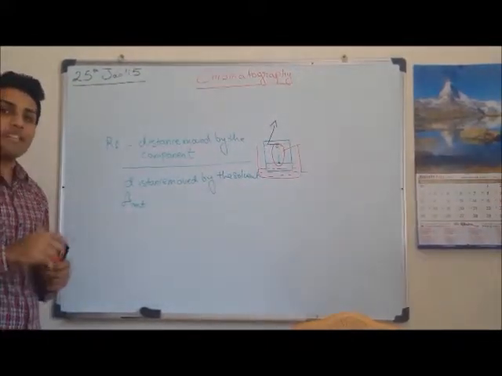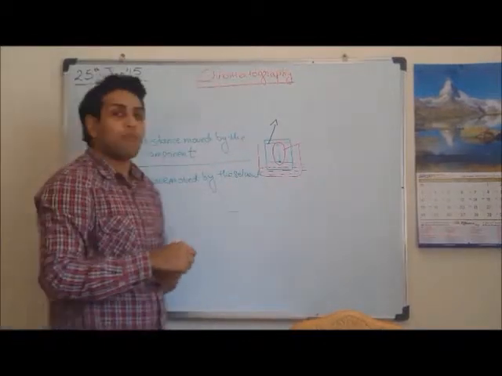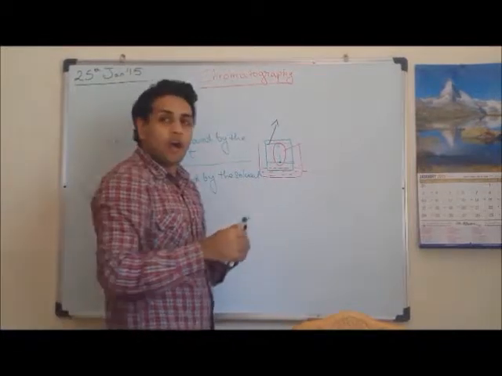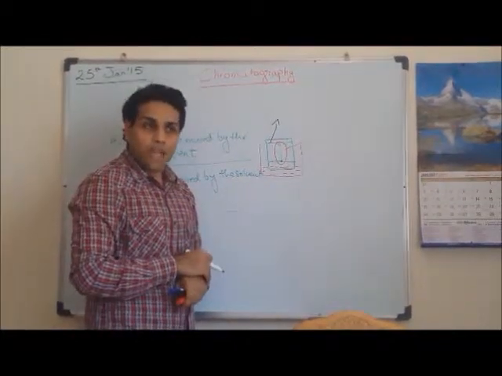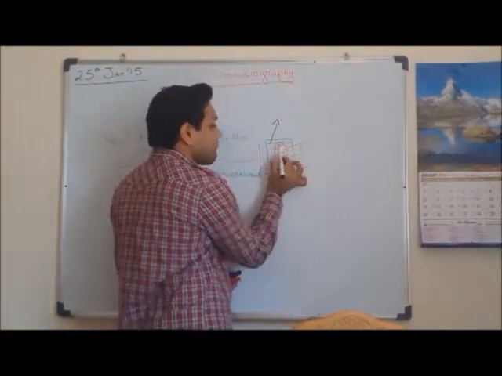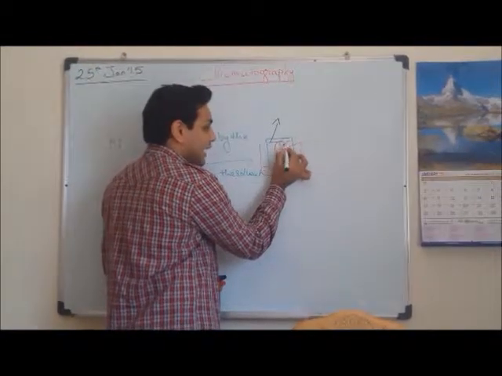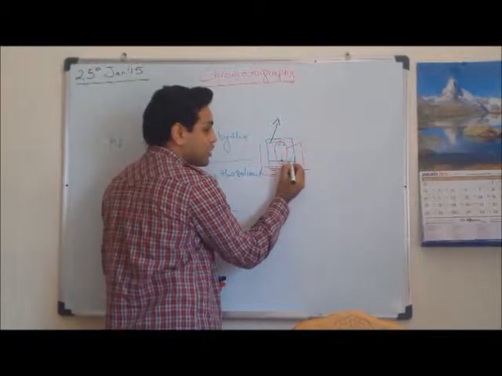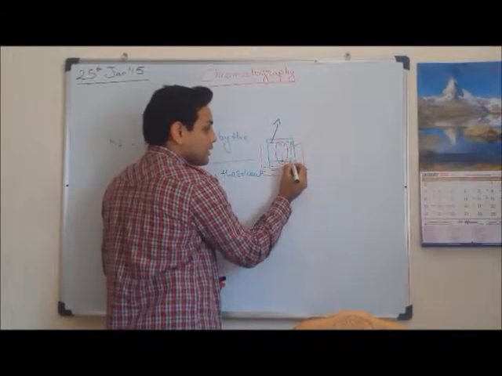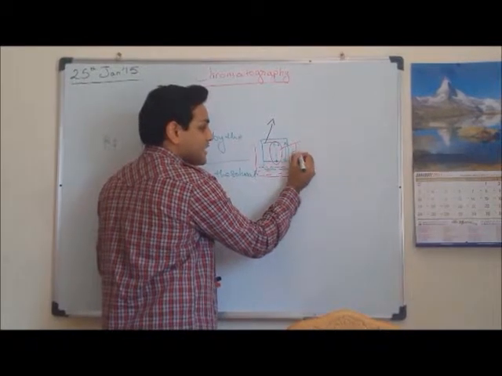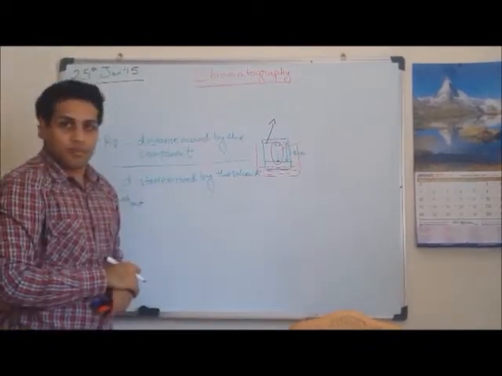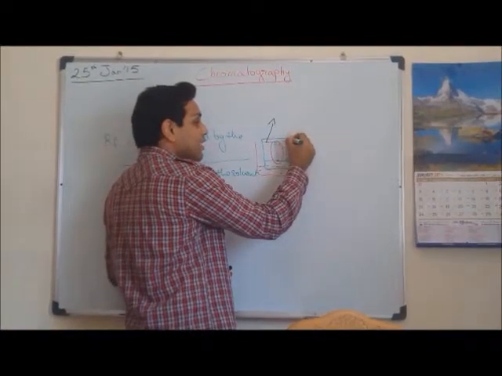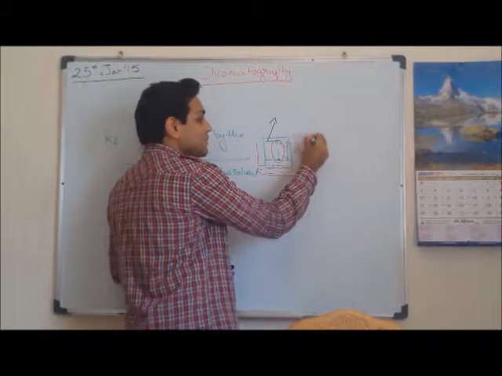How can we write it now? Let's substitute the values. Using a simple centimeter ruler, we will see the distance traveled by your component. For example, A is here, and with a ruler from the line of origin to this side is about 5 centimeters. The solvent front is the highest peak, which is about, let's say, 5.7 centimeters.